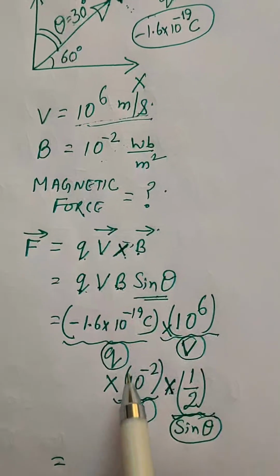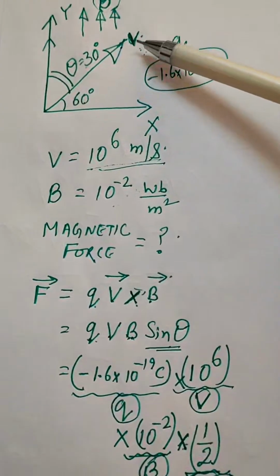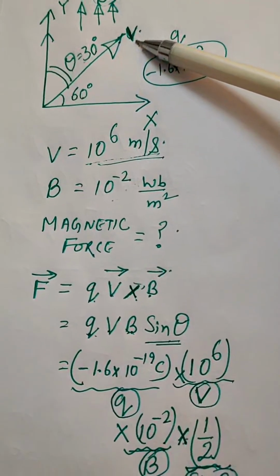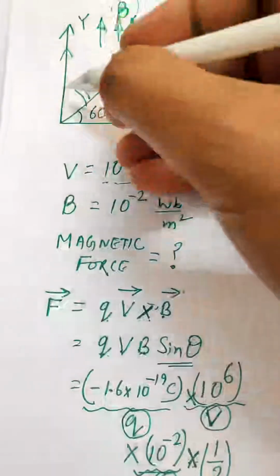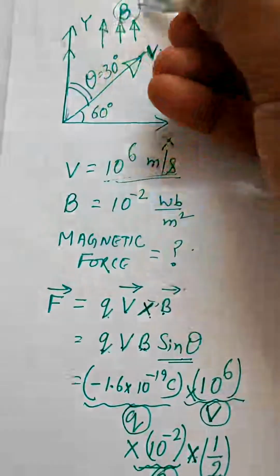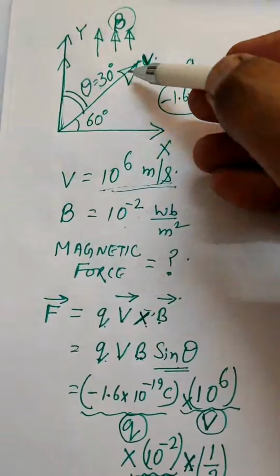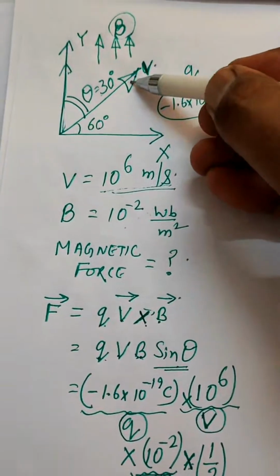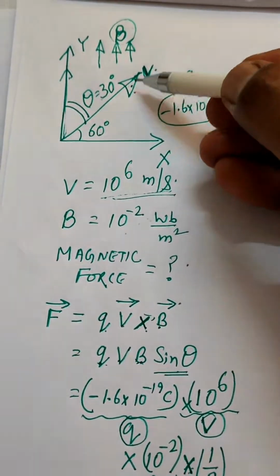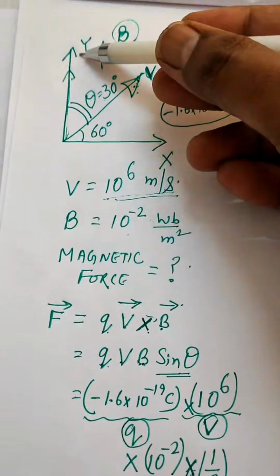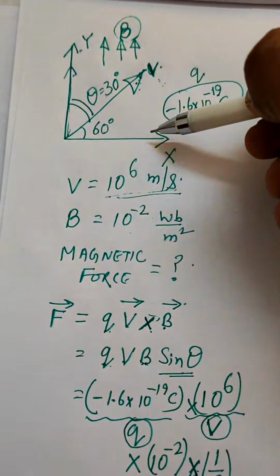Just take into your mind the velocity vector marked over here, V, and the magnetic field marked in the y direction. The components of V are broken into two parts, I and J: V sine 60 over here and V cos 60 over here.